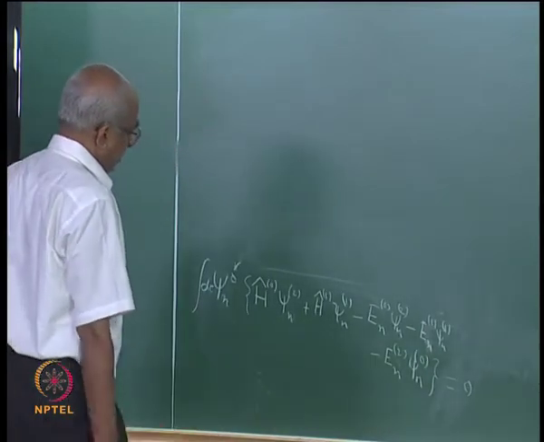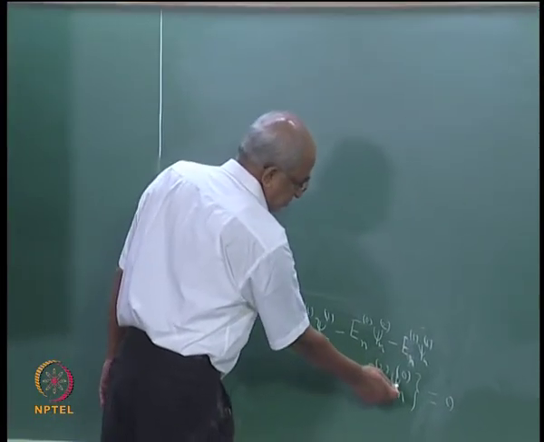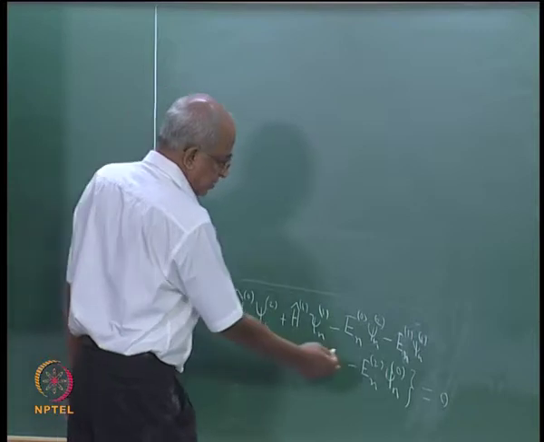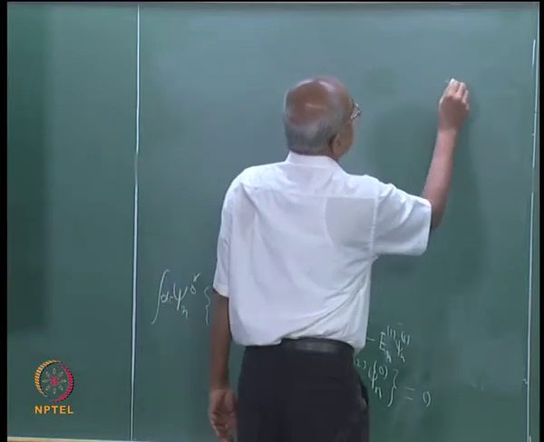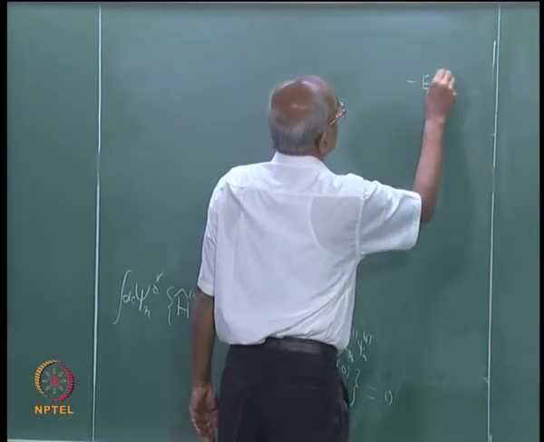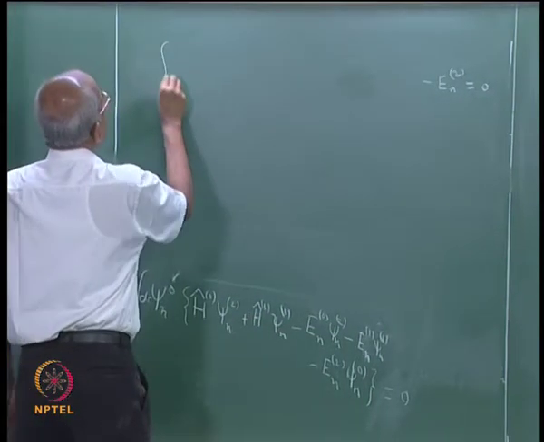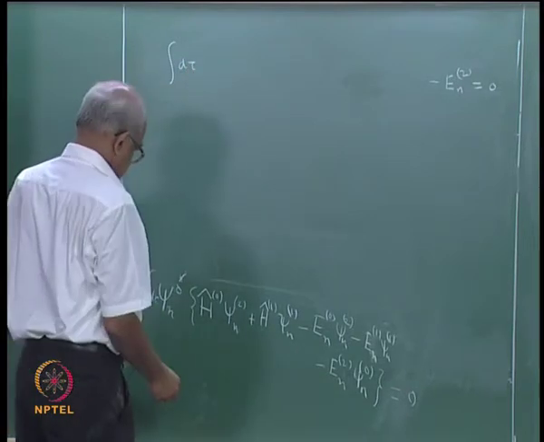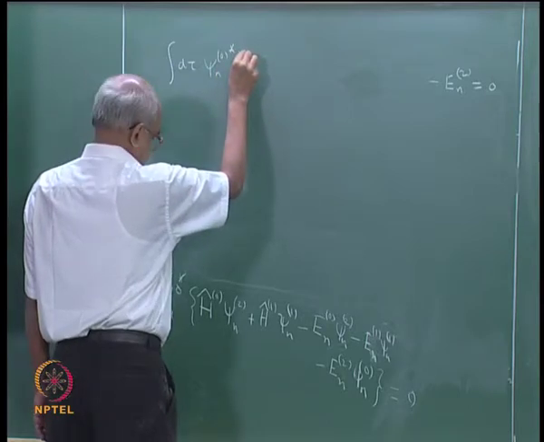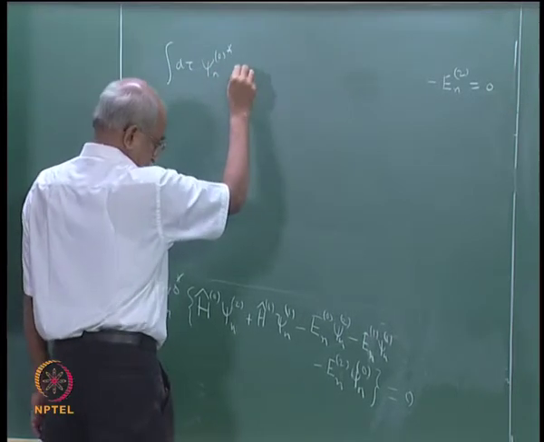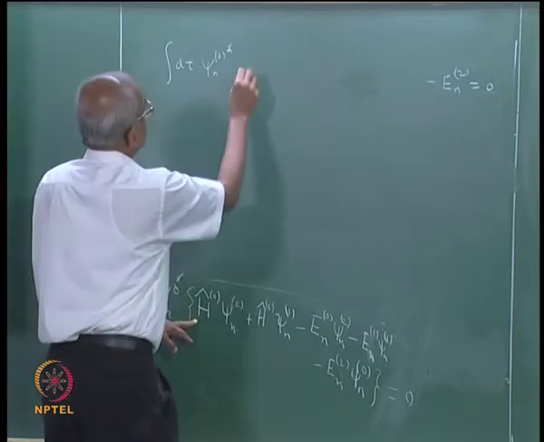So, let us see what happens. You will have psi n0 star multiplying psi n0 and being integrated over the entire space. Therefore, this term is going to be just minus En2. And I am going to write down the remaining terms, the integral of dτ psi n0 star times H0.